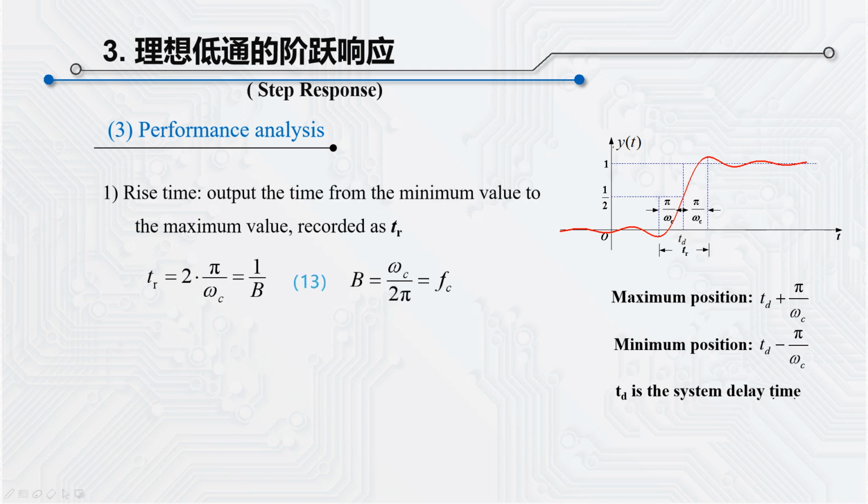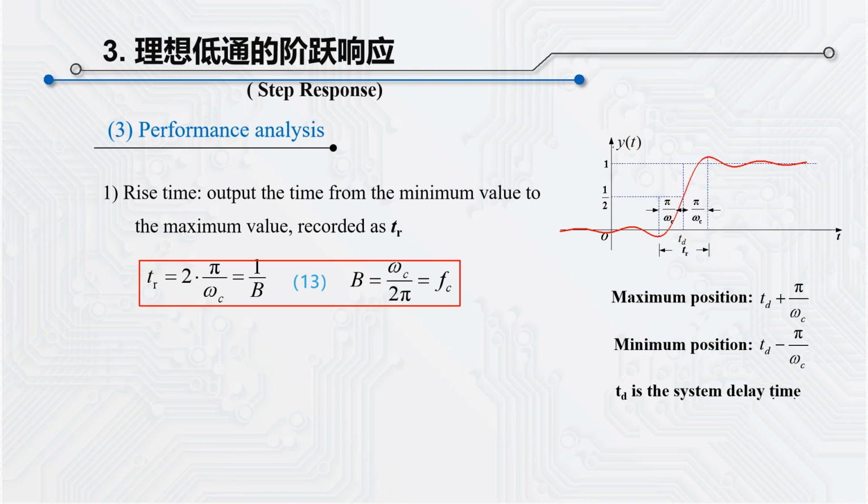From this waveform, we can find that it takes a while from its minimum value to its maximum value. This duration is denoted by Tr. It is referred to as rise time. Tr is equal to 2 pi over omega c, which can also be denoted by 1 over B. What is B?